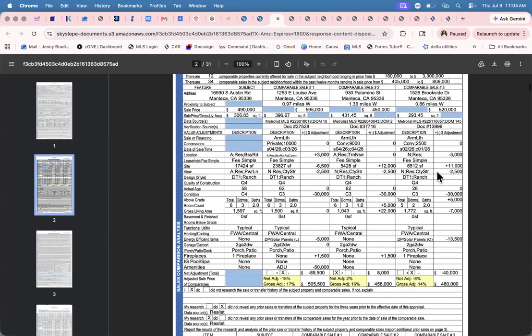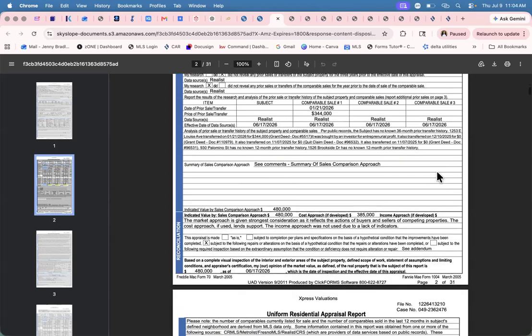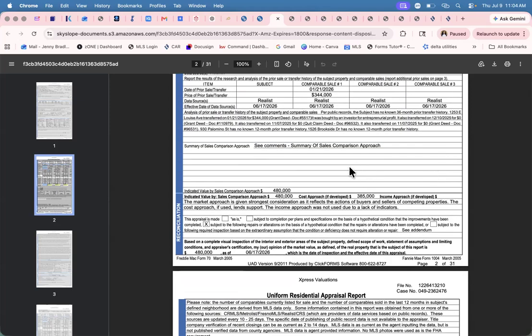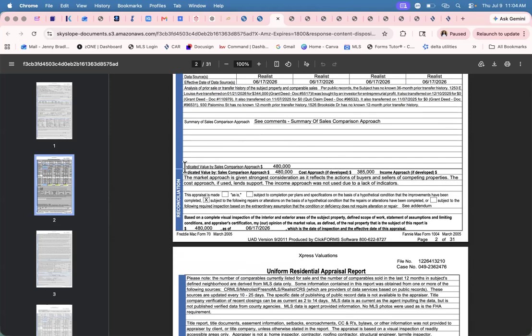Which one's this one? This is for 480. Yeah. Just keep reading. Right here, indicated value by sales comparison approach, 480. So she appraised it at 480.